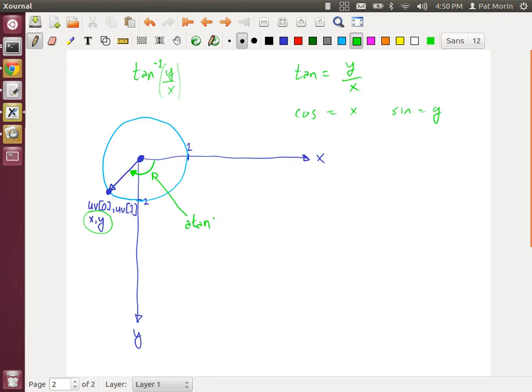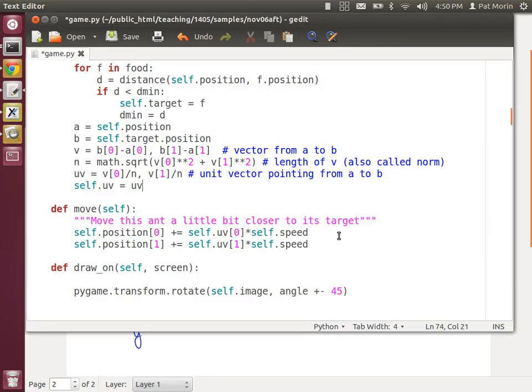Okay. So this angle that we're interested in is actually atan2 of y comma x. So let's put that in there.